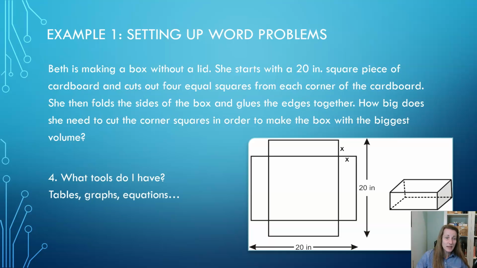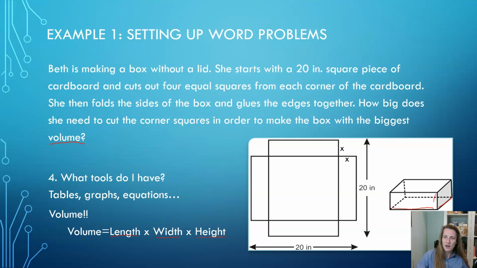Okay, number 4, what tools do I have? Do I have tables, graphs, equations? The question is to make the biggest volume. I know volume. Volume is easy, right? Volume is length times the width times the height. We already found out what the length and width are. Let's look at our 3D picture one more time. We have our length, which is the same as our width.